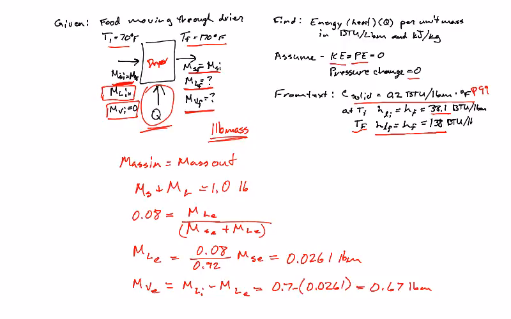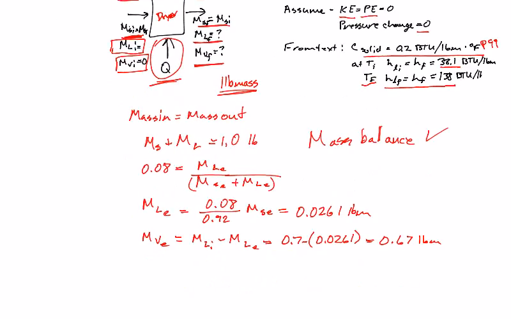That's how many pounds of mass we've lost through that. Now that we have our mass balance done, the mass balance is complete. Now we can move on and do the energy balance.